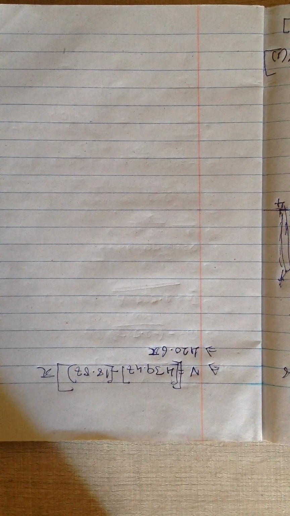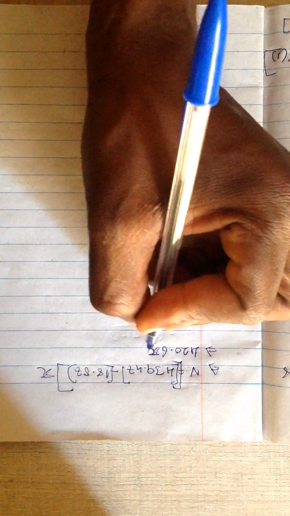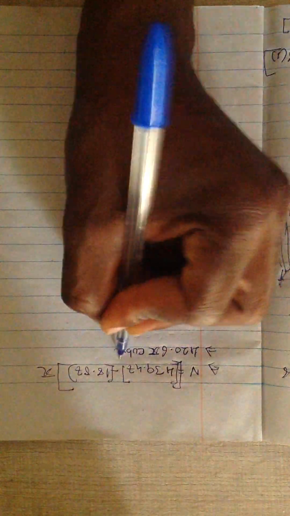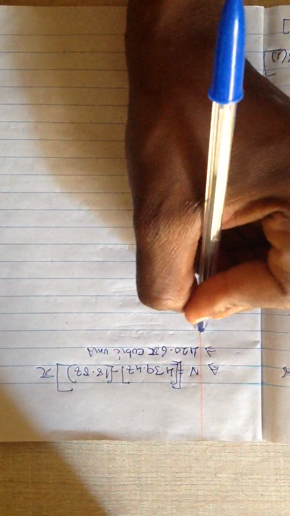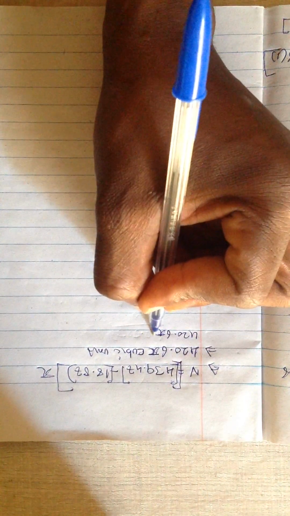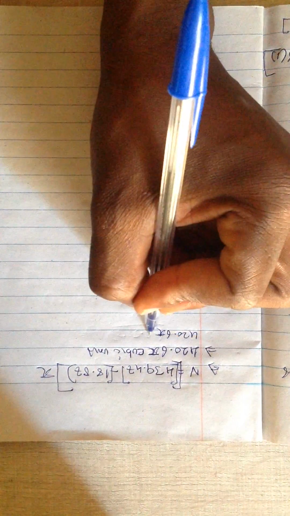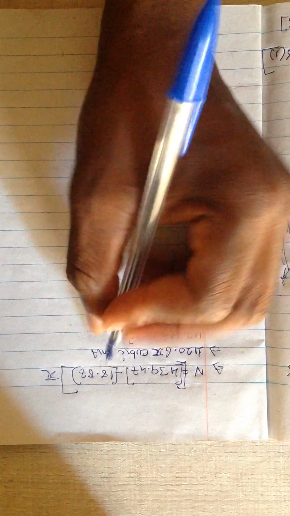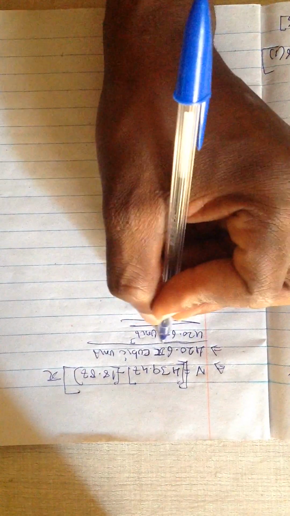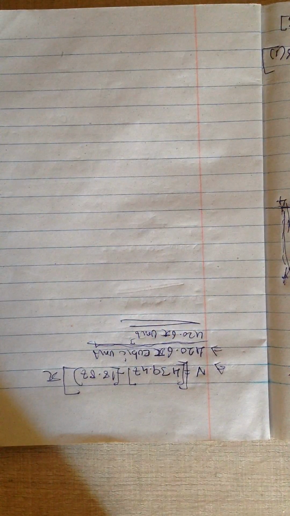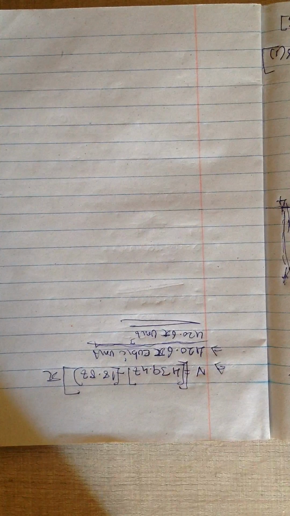Since you are dealing with the volume here, you're supposed to put the cubic value. So here the unit will be cubic unit. You can write your cubic unit here, or you can have your 420.6 pi unit cubic, or you can just have this. So this is our question 5B. We'll proceed to the next question.